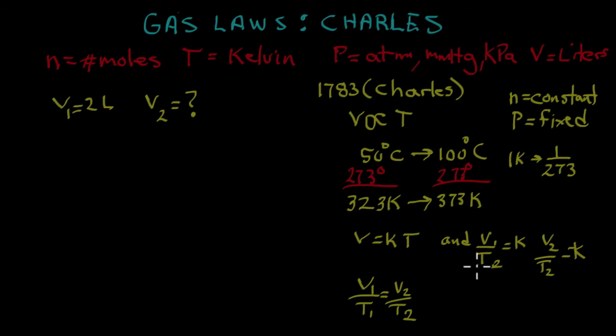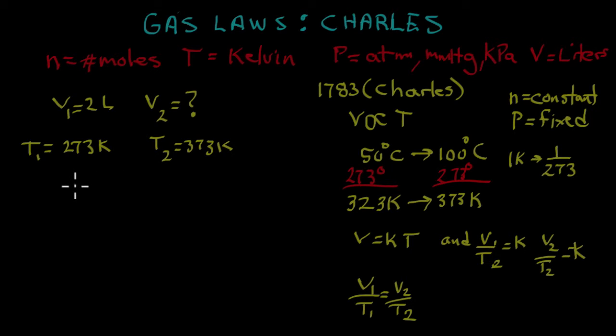It's an unknown. Our temperature starts at 0 degrees Celsius, that's 273 Kelvin, the initial temperature. And we go up 100 degrees, so now we're going up to 373 Kelvin.